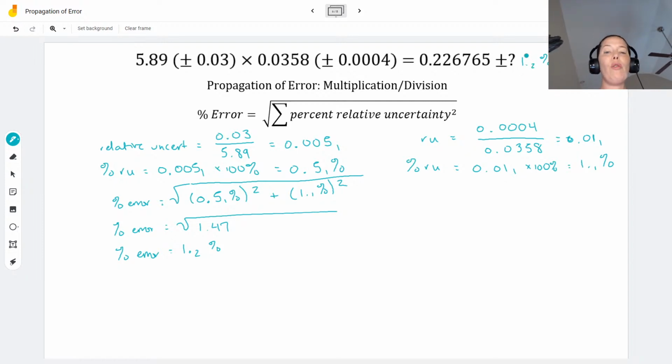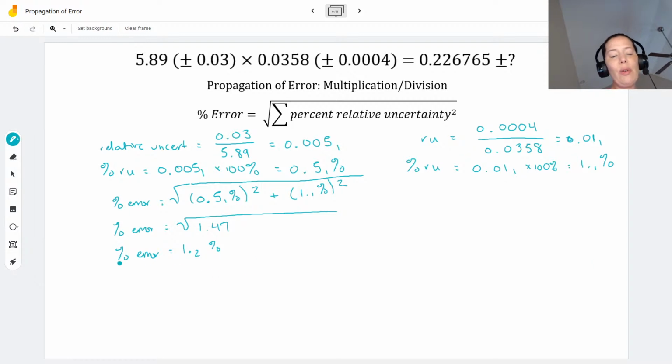But usually it's better to report the absolute uncertainty, because remember, the absolute uncertainty is also how you know where to round when you're using your real rules for sig figs. So your percent relative uncertainty is not going to give you the correct decimal place to round to. You need your absolute uncertainty. So I'm going to erase this.